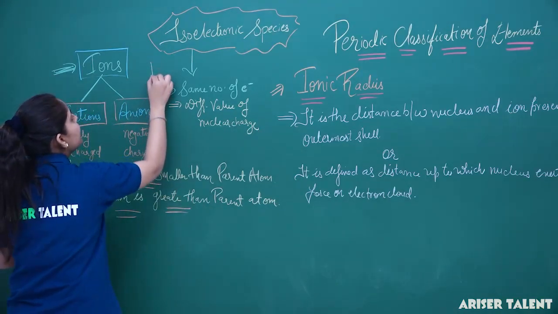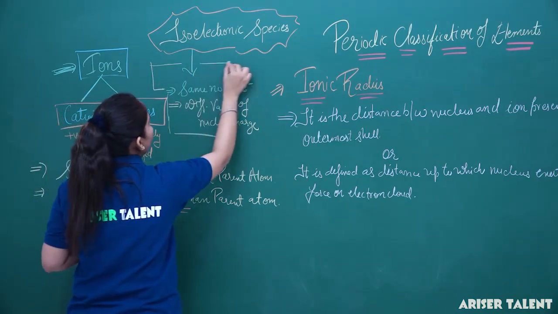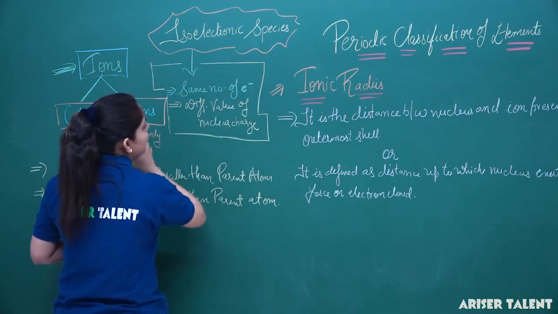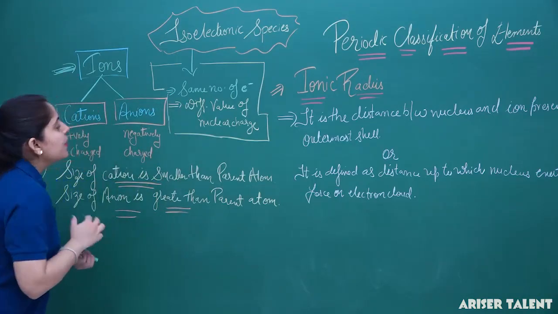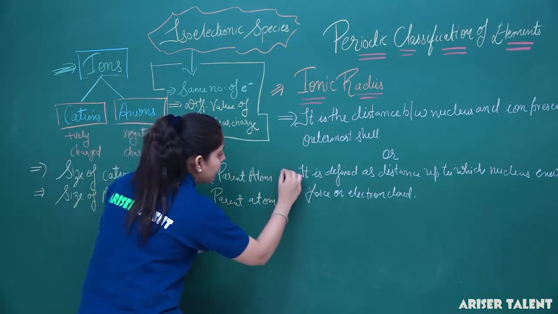Now let's consider some isoelectronic species and what trend they follow in the case of ionic radius. Let's see here.